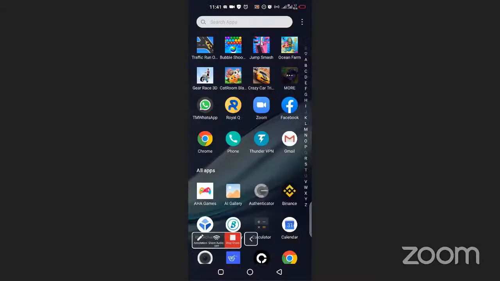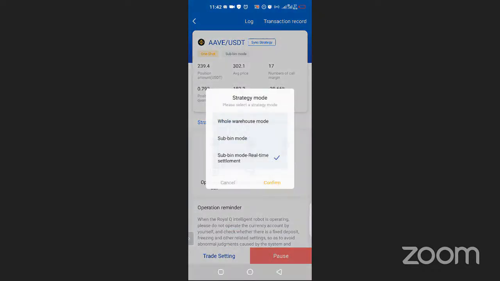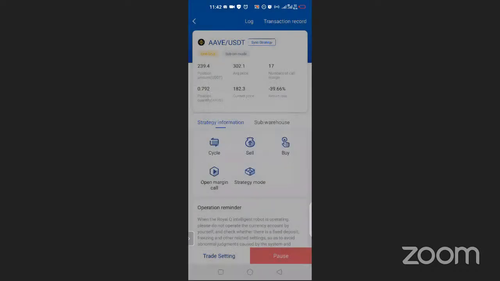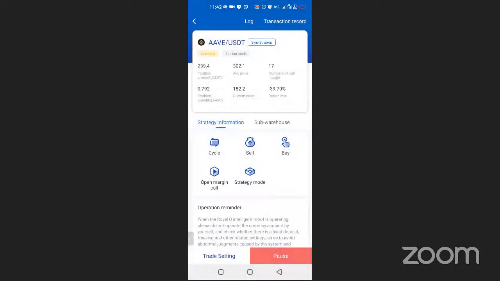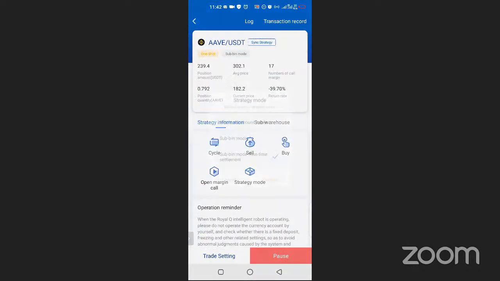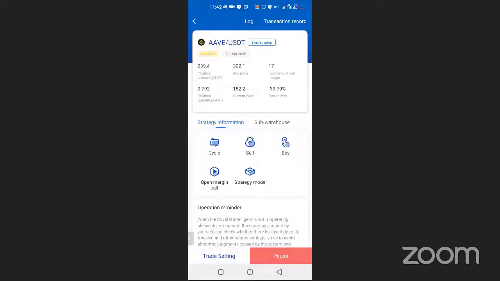This could be the reason why you need to put your coins in sub-bin mode. I have tried to, but it still comes back to warehouse mode. I've done that several times, but I see that it comes back always to warehouse mode automatically.